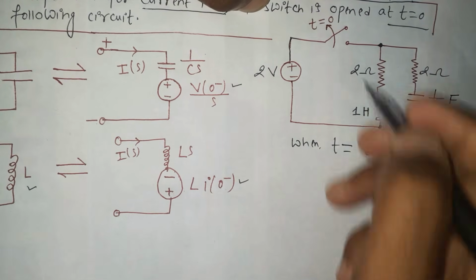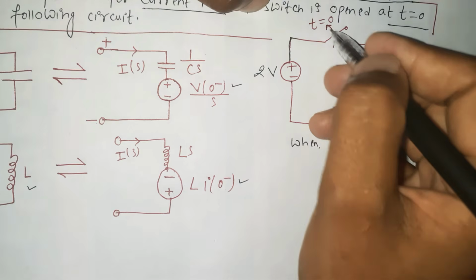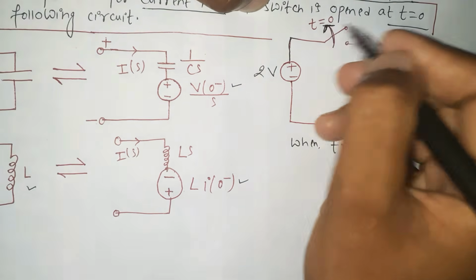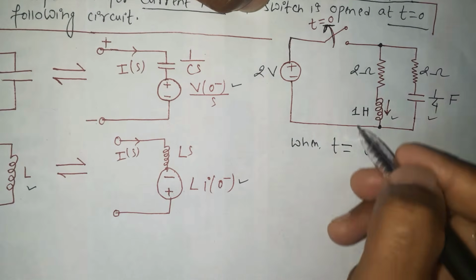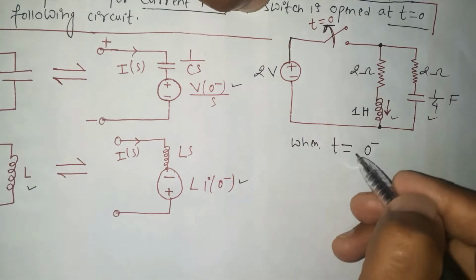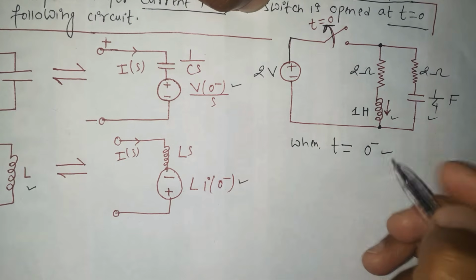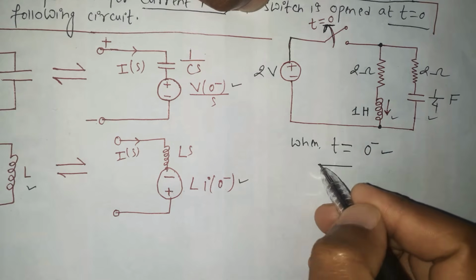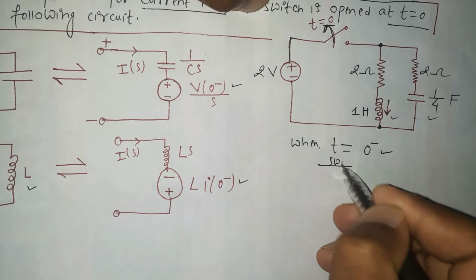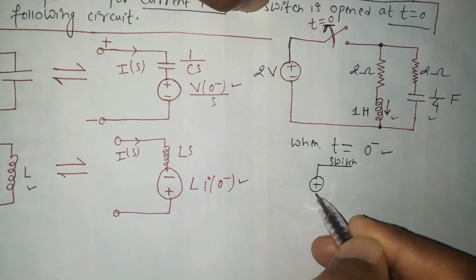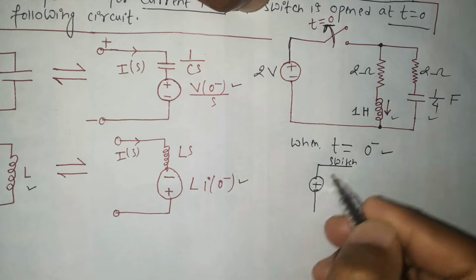This means the switch is opened at t equals 0, and before the switch opened, the switch was closed. The switch was closed at time t equals 0 minus. So let me draw the corresponding circuit here. The switch is closed here. This is the position of the switch. And let me draw this voltage source, plus minus as it is.